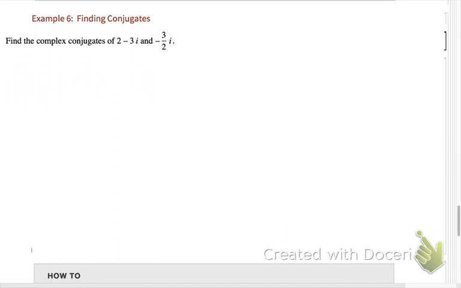Find the complex conjugates of 2 minus 3i and negative 3 halves i. The complex conjugate of 2 minus 3i is just 2 plus 3i.